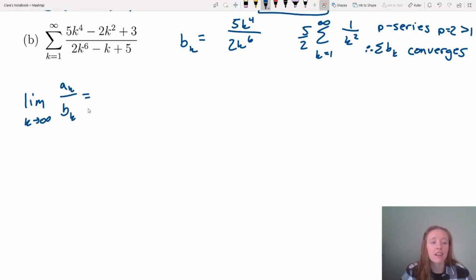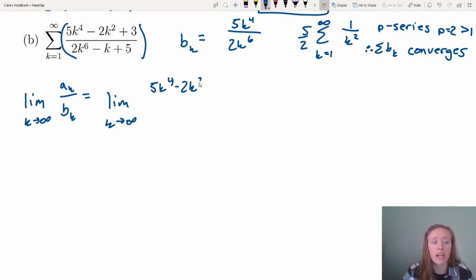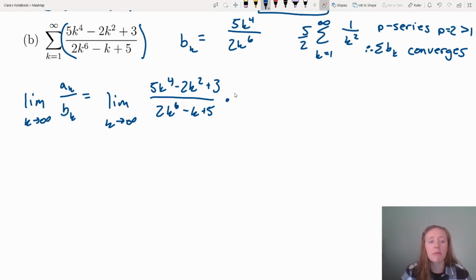Now in this case, writing this all out as a fraction is going to be rather messy, so I'm going to write my a sub k over my b sub k as my a sub k, 5k to the fourth minus 2k squared plus 3 all over 2k to the sixth minus k plus 5. As opposed to dividing by my fraction b, I'm going to multiply by its reciprocal, keep, change, flip. That's going to be 2k to the sixth over 5k to the fourth.